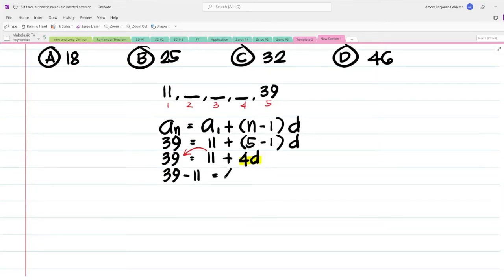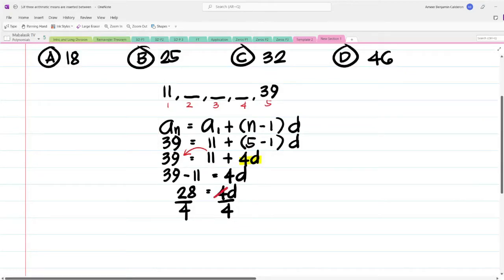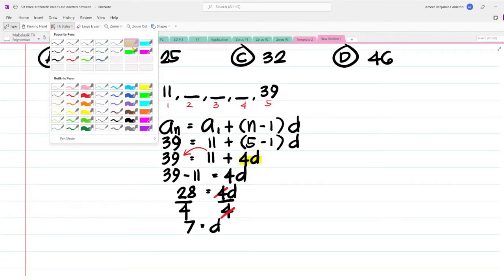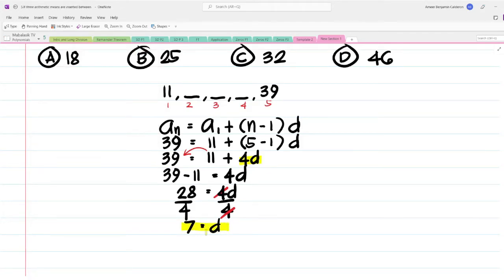That's equal to 4d. 39 minus 11, that's 28, equals 4d. Divide both sides by 4. So we can cancel 4 and we are left with d, which is 28 over 4, that's 7. It's equal to d. So we now know the common difference, 7.